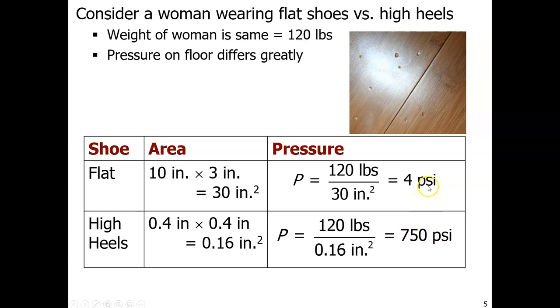Pounds per square inch is psi, so that's where that term is coming from. You have 4 psi with flat shoes versus 750 psi with high heels. So you might do some damage to the wood, for example, with different types of shoes, and that is just showing you what that pressure means.